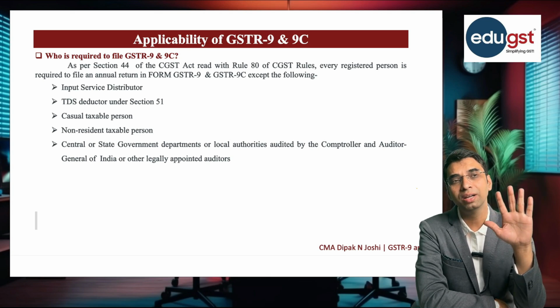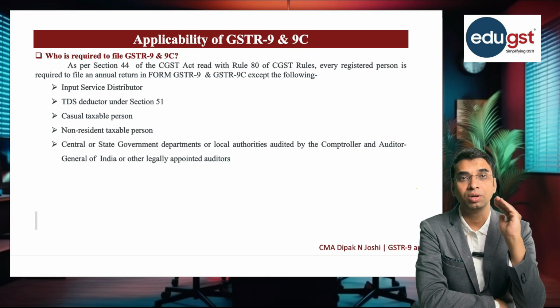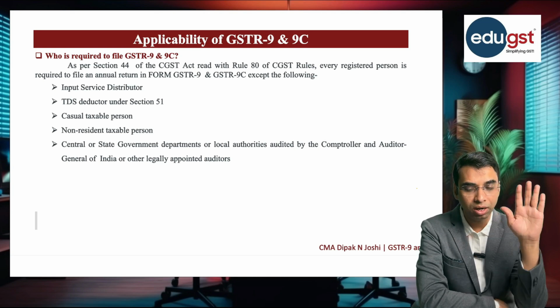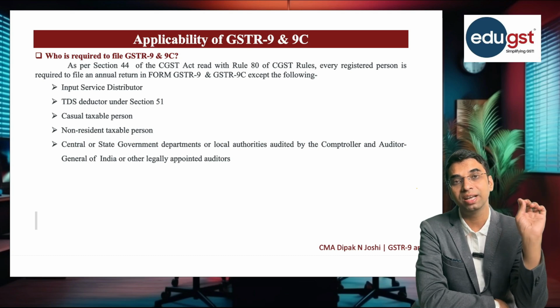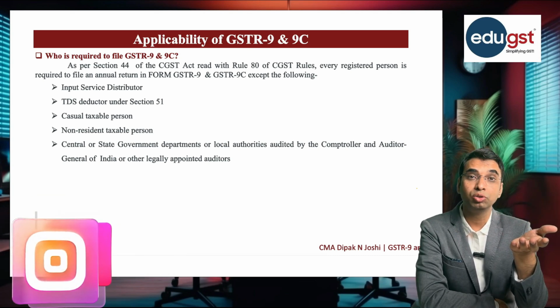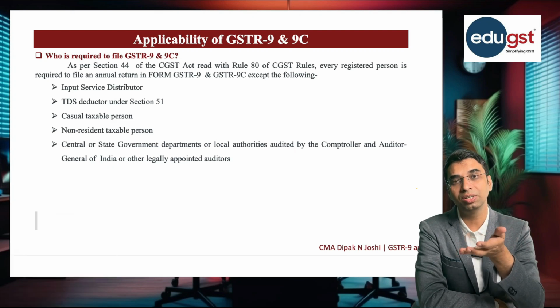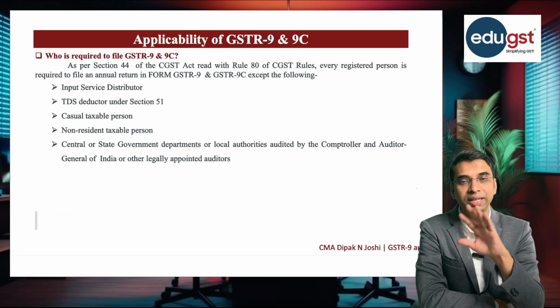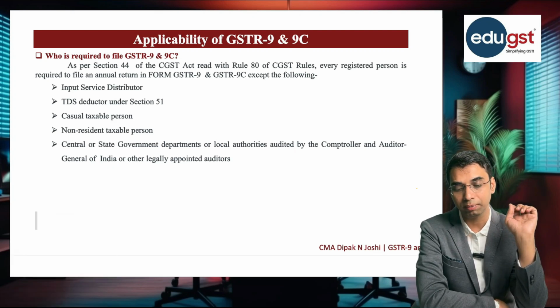Under section 51, the deductor is required to deduct the TDS on the supplies received. In that case also, there is no need to file GSTR-9 and 9C. Casual taxable person. So you have taken the registration as a casual taxpayer. In that case also, GSTR-9 9C is not applicable.